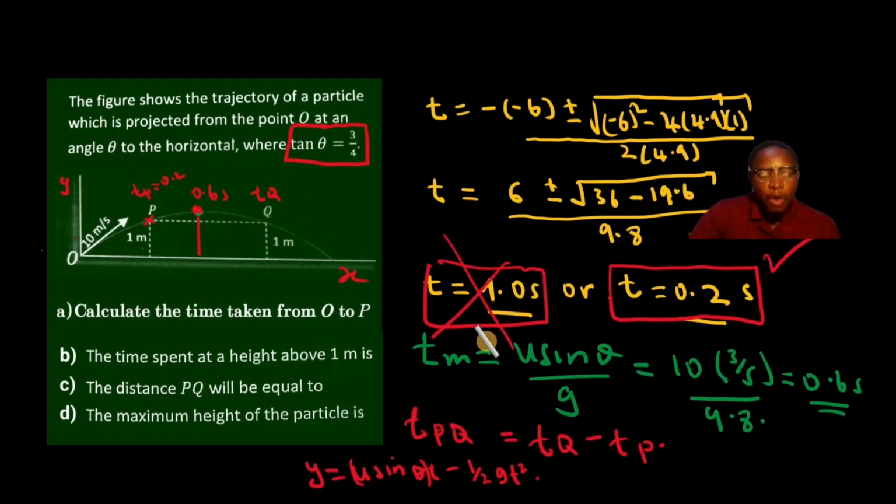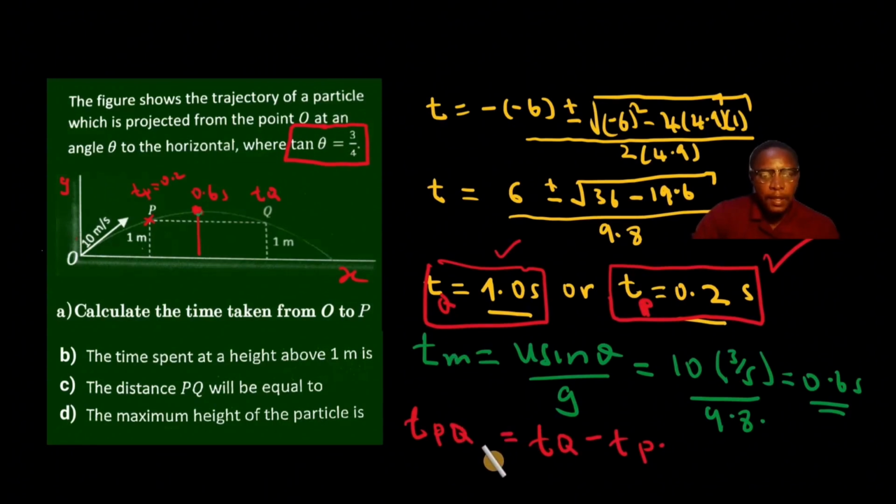In short, I will choose the time that is more than the time at maximum height, since the point Q is after the maximum height. The time at the maximum height is 0.6 seconds. So among these two times, the one that is bigger than 0.6 is this one. So I conclude that this time is the time at Q and this time is the time at P. Now I need to calculate the time spent above 1 meter.